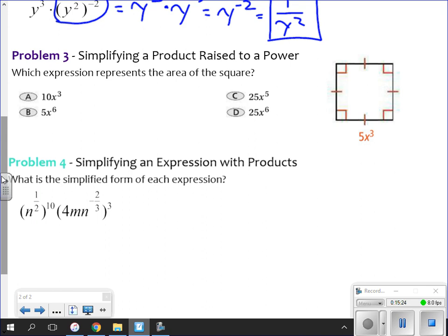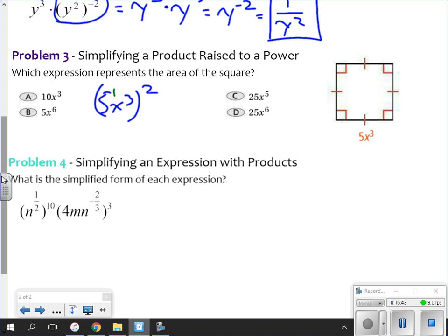How do you find the area of a square? You take the length of one side and you square it. Now, none of these answers look like what I have here, so what do I have to do? I have to simplify it.